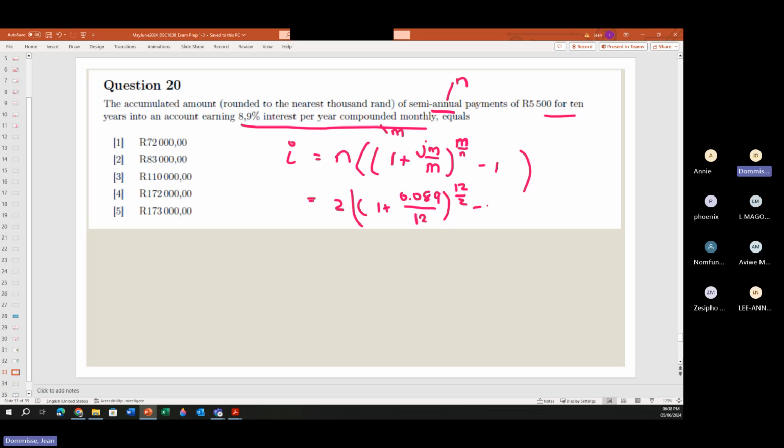When I work it out, I will just say to the power of 6, because my calculator does not always allow me to use fractions. So let me quickly show what my steps are. 0.089 divided by 12 is 0.0074, plus 1 is 1.0074.